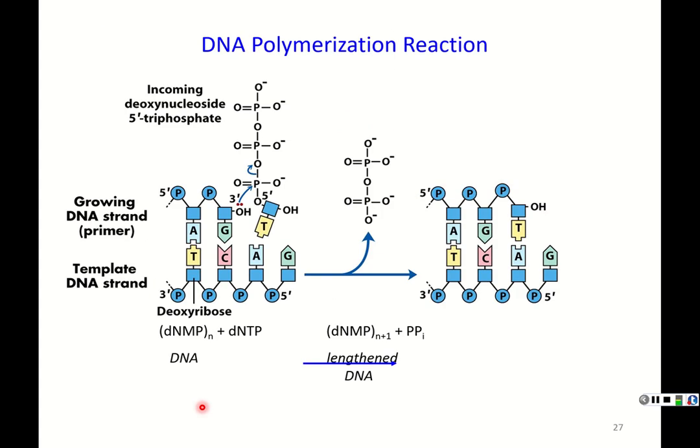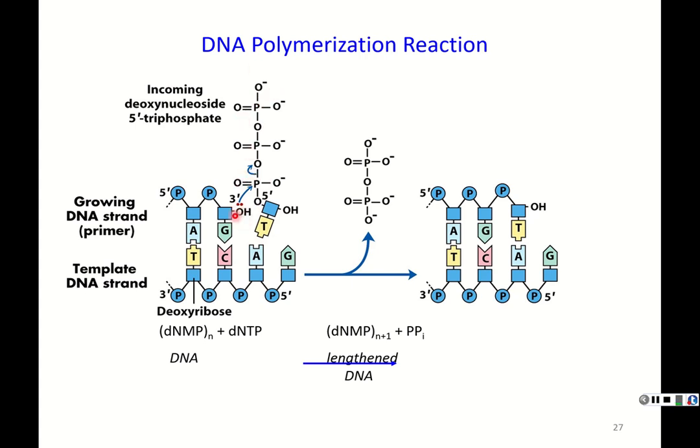The reaction is actually pretty simple. If this is our growing DNA strand here, there's going to be a free 3' hydroxyl group. The new nucleotide that matches up with our template strand, and this is all catalyzed in the polymerase, will come in in a triphosphate form.